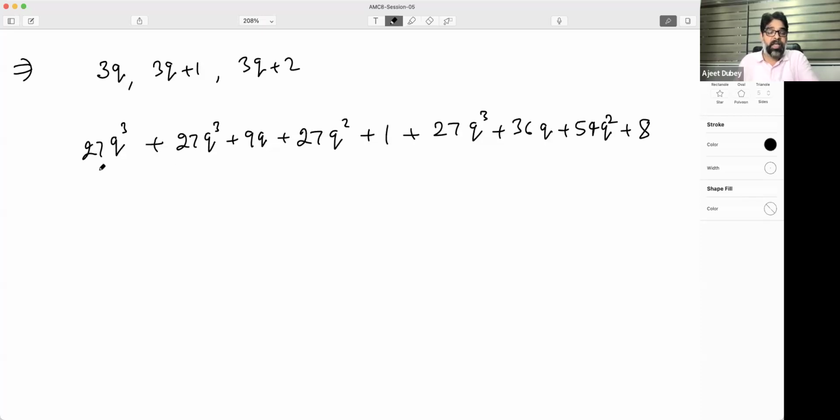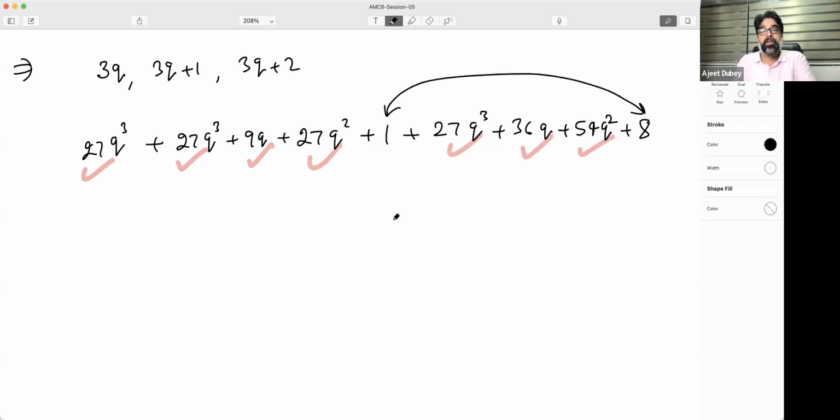Check it. This is always divisible by 9. This is also 9, this is also 9, and 1 plus 8 will be 9. So those combined will also be divisible by 9. So that way also we can prove it. I hope it's clear to everyone. Yes, sir.